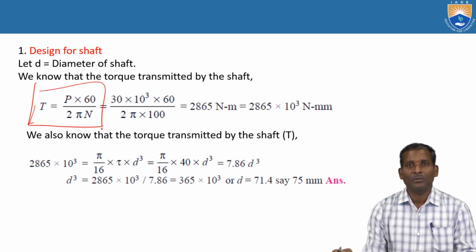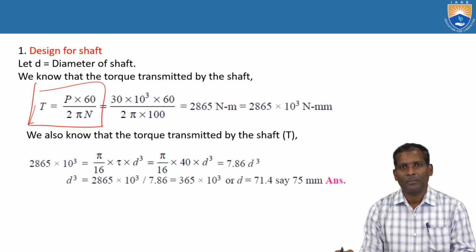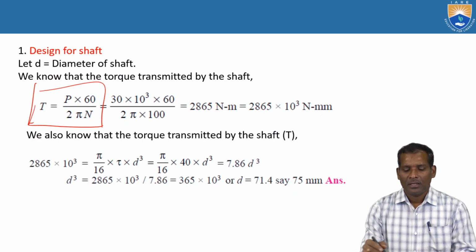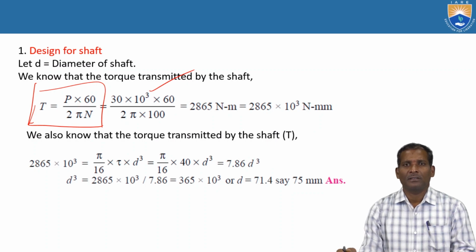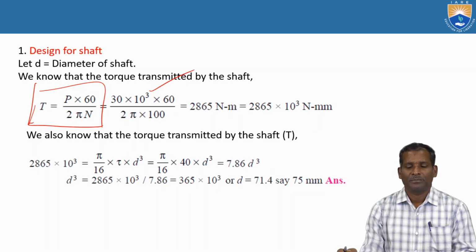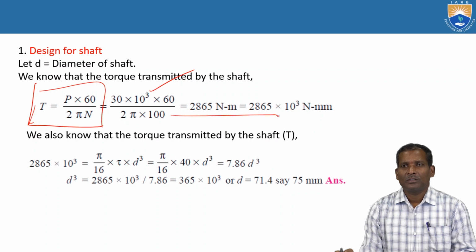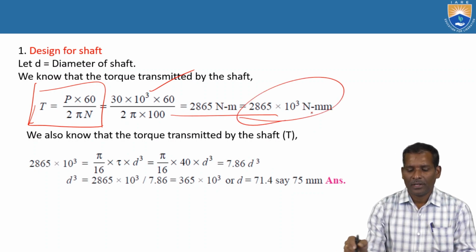T is equal to 60P by 2 pi N. Substitute P as 30 kilowatts converted to watts, and N as 100 rpm. The obtained value is 2865 into 10 cube.